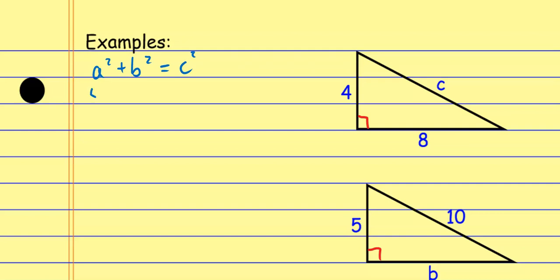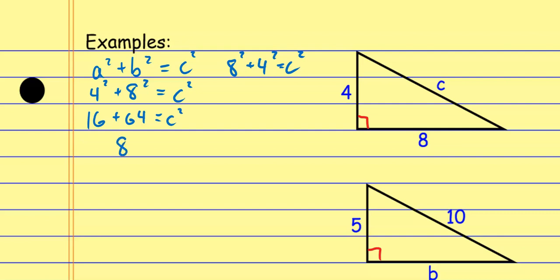I could say 4 squared plus 8 squared equals c squared, or 8 squared plus 4 squared equals c squared. Now I simplify: that's 16 plus 64.